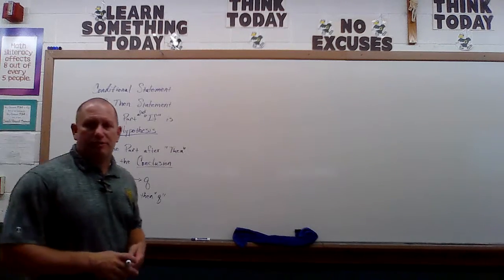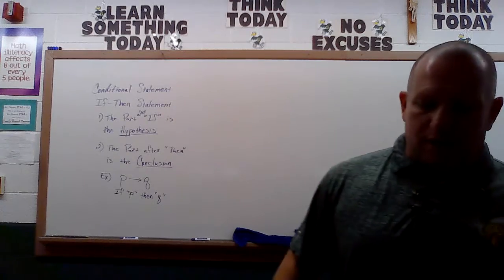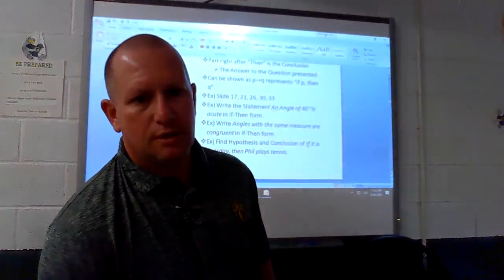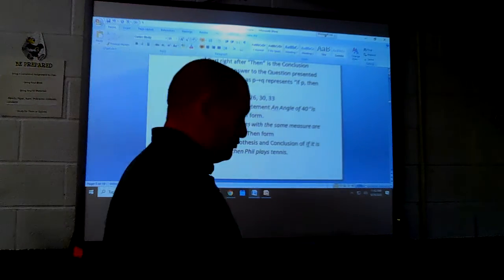But it's just another way of writing a conditional statement. So as you do this now, we're going to look at compound sentences with if-then in them, and you should have to come up with the if part and the then part.